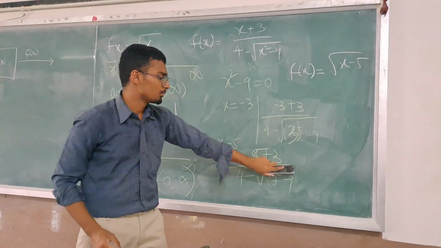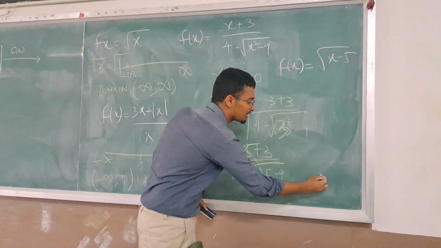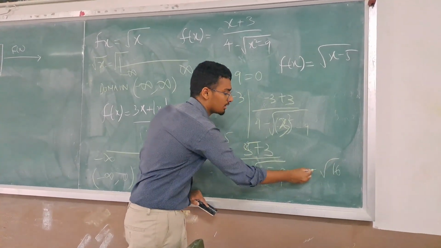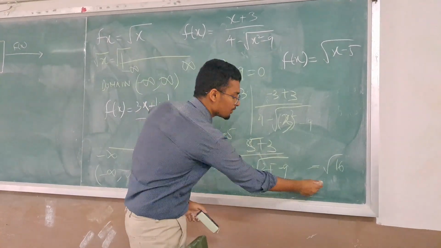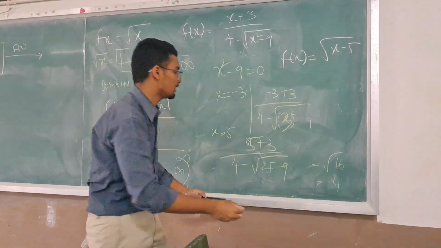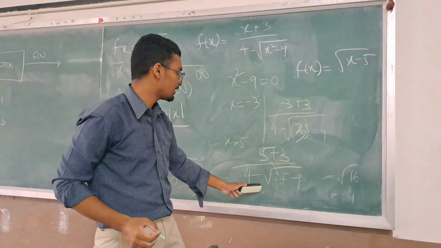Calculating the root term alone, it will be root 16, and root 16 will be 4. The 4 minus 4 gets cancelled, so the denominator will be 0.